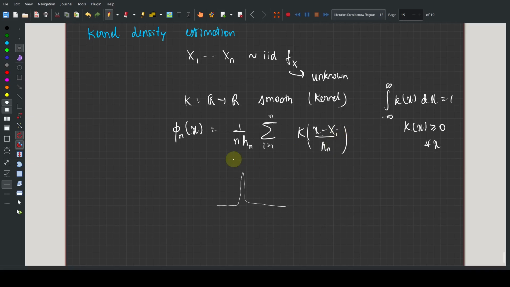You're effectively just shifting k and adding them up. So if I take a particular value of x1, then what is k of (x minus x1) divided by hn, assuming that k is, say, the standard normal?